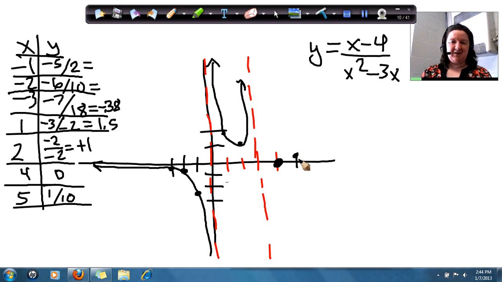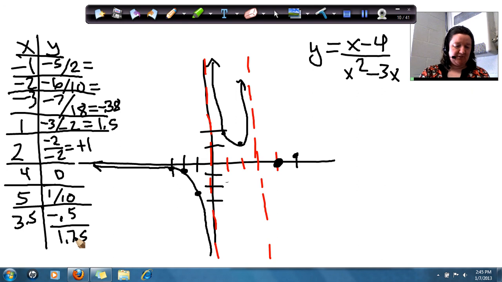Let's find out what's happening here, because I'm not sure if it's coming from the top or the bottom. So if I try 3.5, 3.5 minus 4 would be a negative 0.5. And if I take 3.5 squared, and then take 3 times 3.5, subtract that, it's going to give me 1.75 on the bottom.